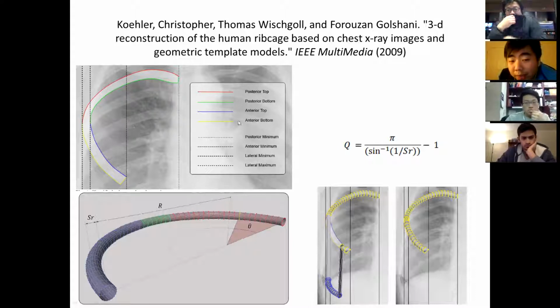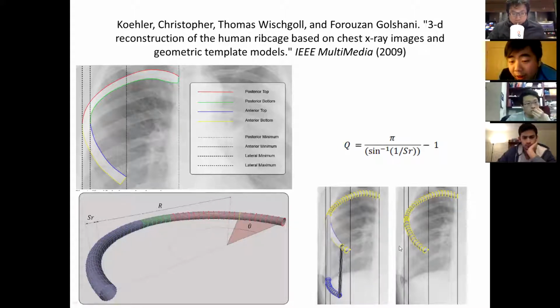On the left top is just a frontal 2D image. If we can do some simple image processing, we can segment out the region of the rib cage, and we can build a simple helical tube model like the left bottom image.